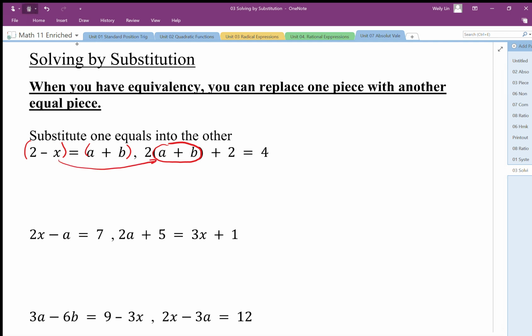So my new expression becomes, so like for like replacement, that a + b gets replaced by 2 - x. And by doing so, we end up with an equation with one variable. So technically, we could solve this.